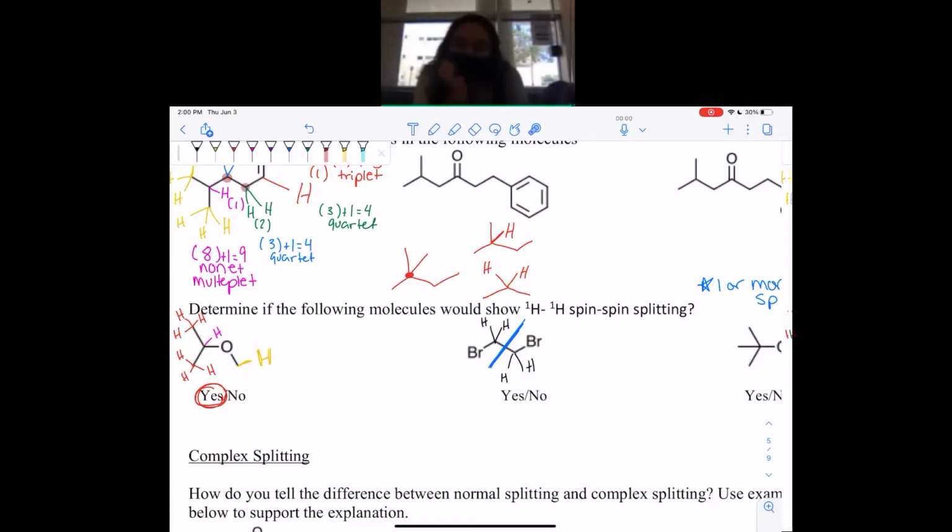So if that's the case, can any of these have neighbors? No, because it can't be split by itself. So it has to be a singlet, and therefore, no, it does not have splitting.